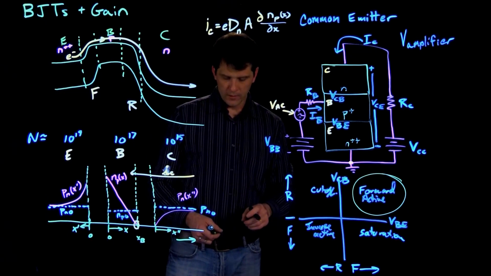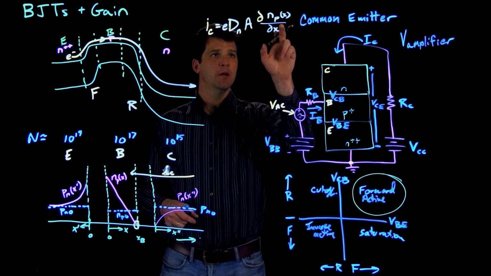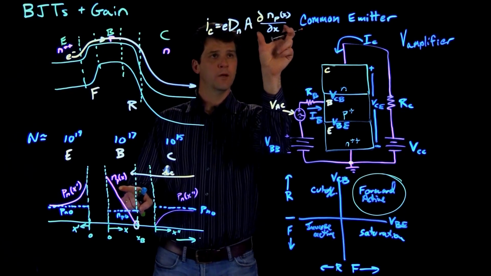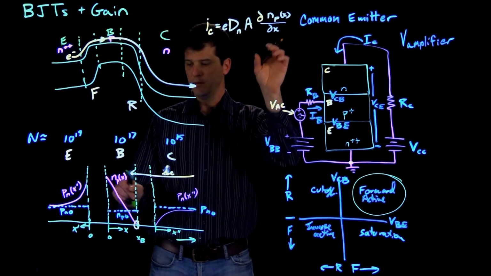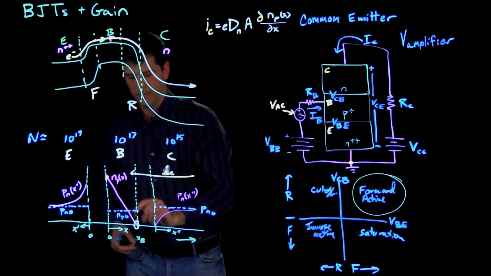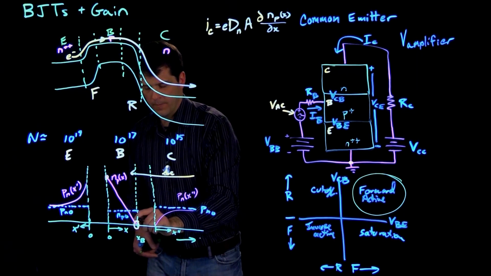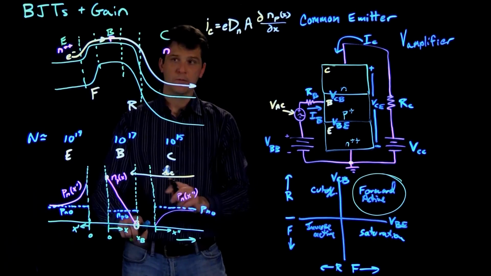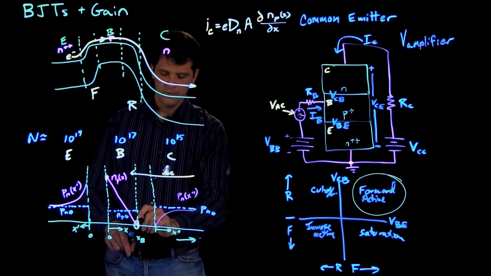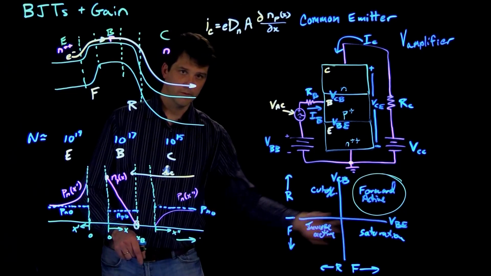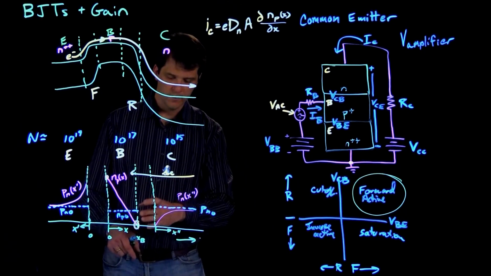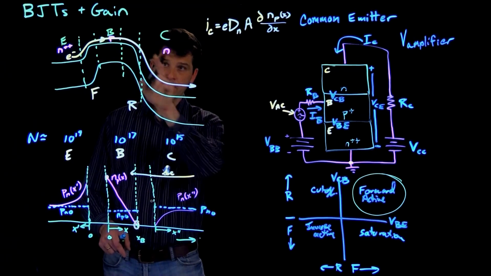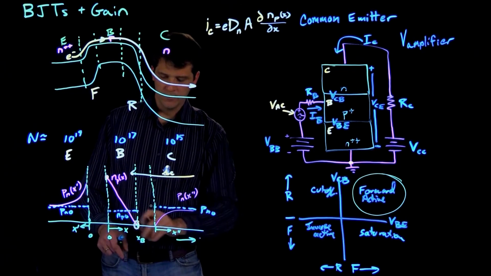And if we make the assumption that this is a linear gradient, then this becomes a constant, and it's just going to be this concentration minus 0 here, and the 0 is justified because we assume that all the carriers that reach that point are swept through the reverse biased base collector junction at the edge of the depletion width there.